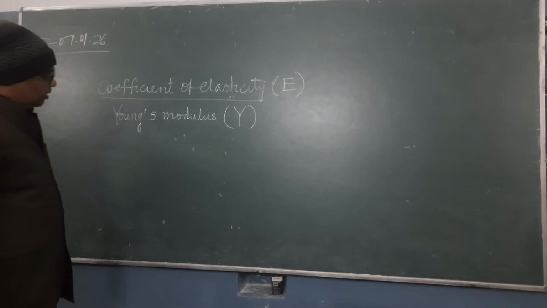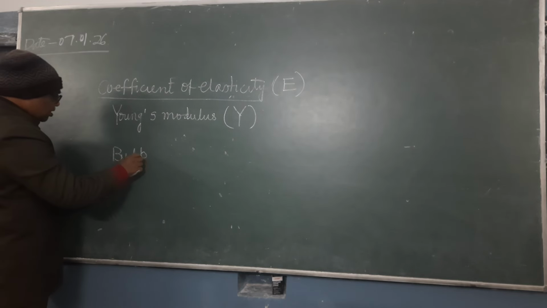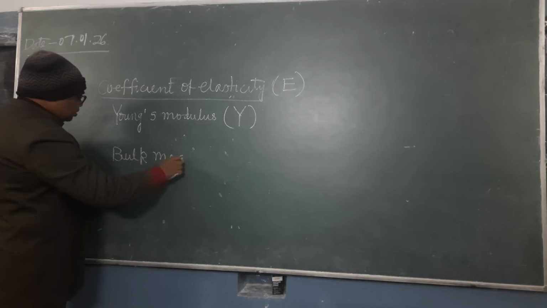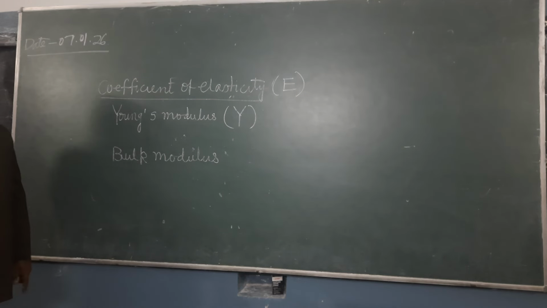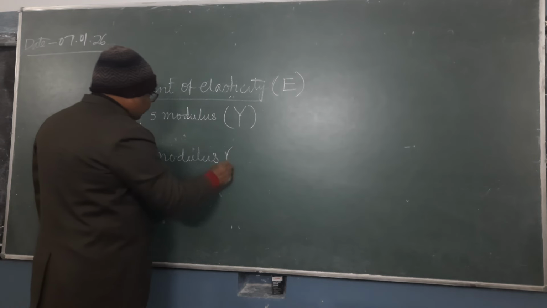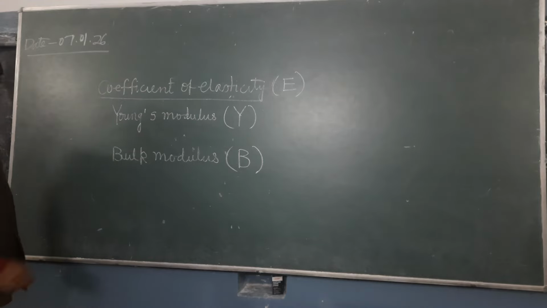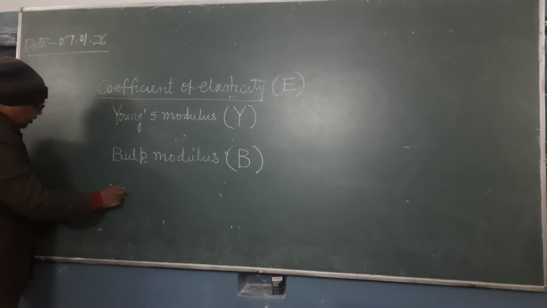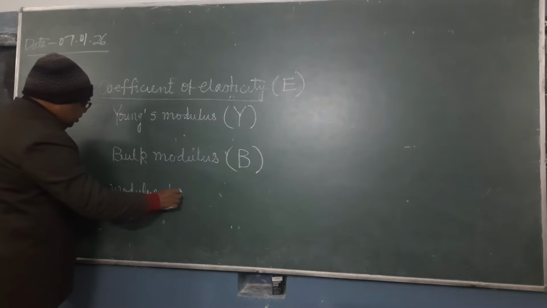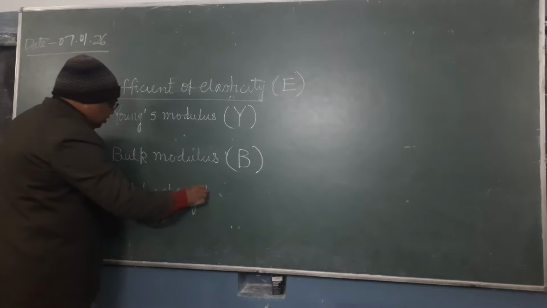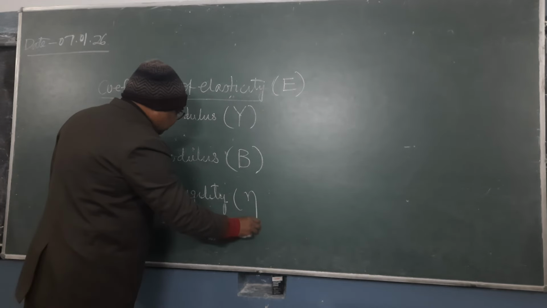Then there is the bulk modulus, denoted by B. And third is the modulus of rigidity, denoted by the Greek letter eta.